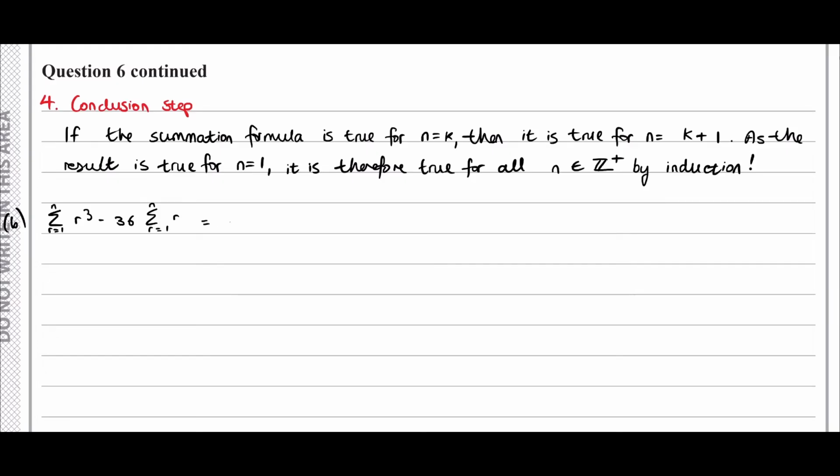The sum of r cubed would be 1/4 lots of n squared lots of n plus 1 squared. Then we subtract off 36 lots of 1/2 lots of n plus 1. So we have 1/4 n squared lots of n plus 1 squared minus 18n lots of n plus 1.